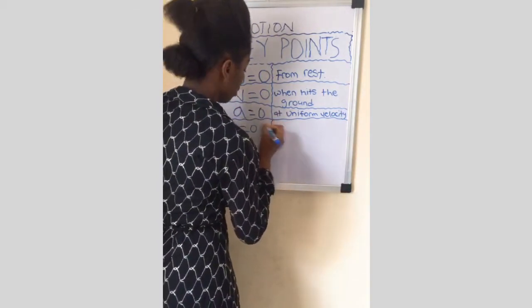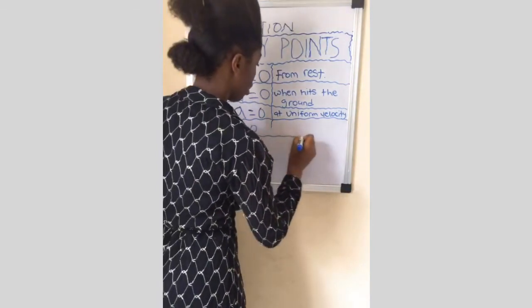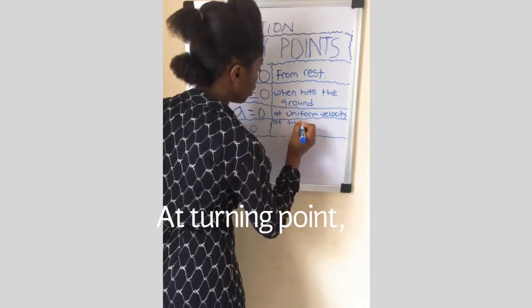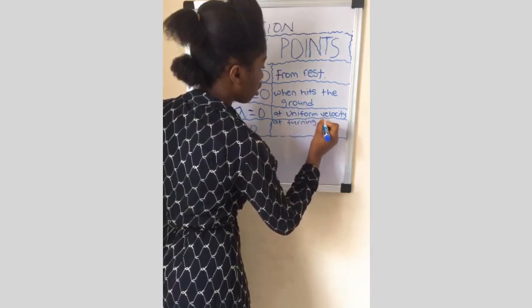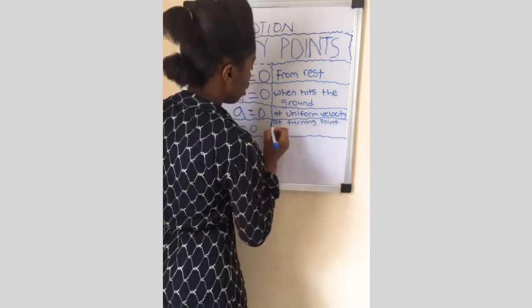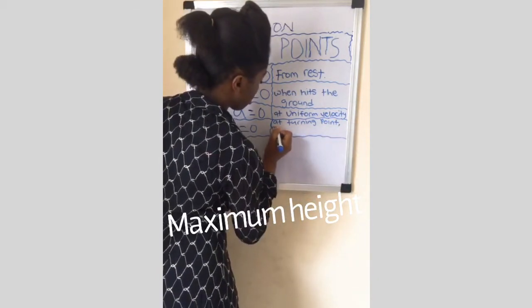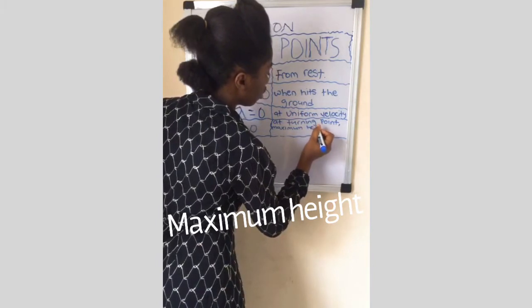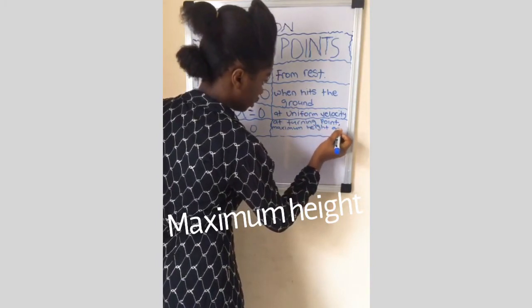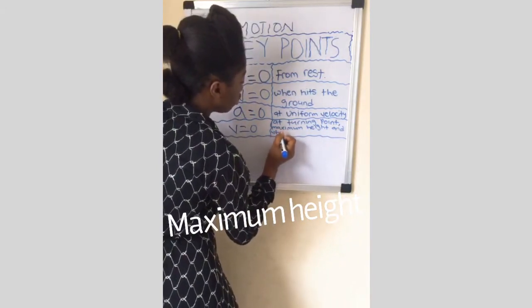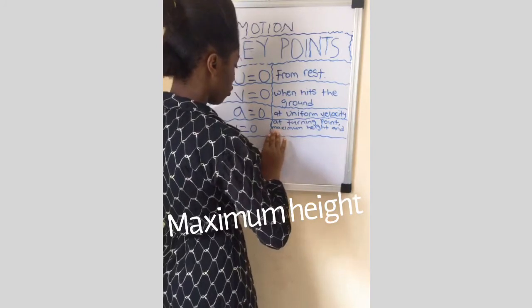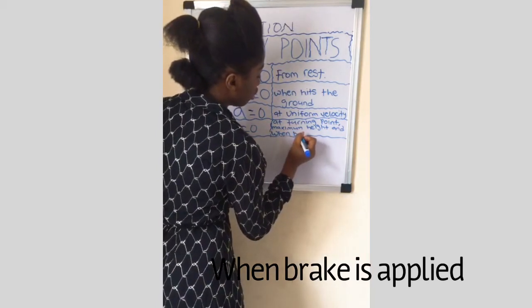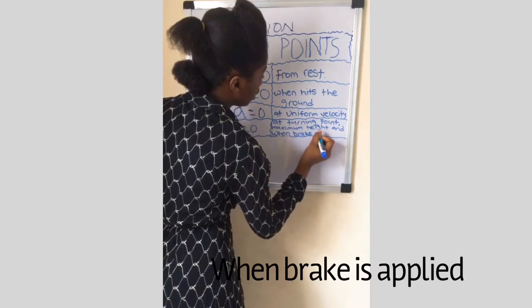So v equals 0 at the turning point, at maximum height, and when brake is applied.